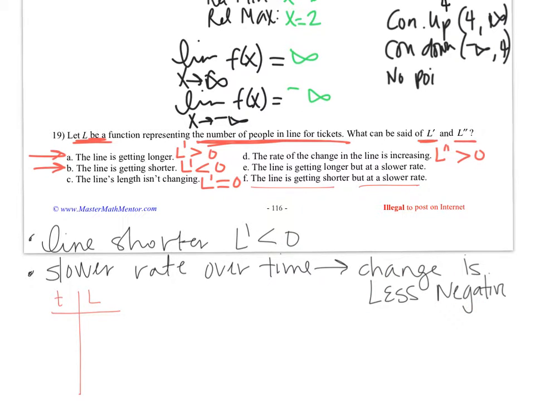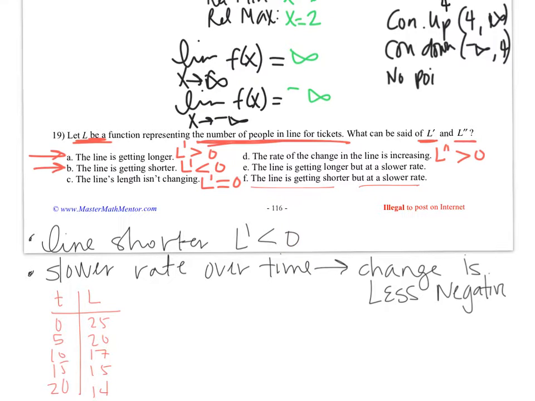Let's see some points to help us visualize that. So let's say 0, 5, 10, 15, and 20 for time, and let's grab 25, 20, 17, 15, and 14, because it is decreasing. So now L is decreasing. As we said, the line is getting shorter.